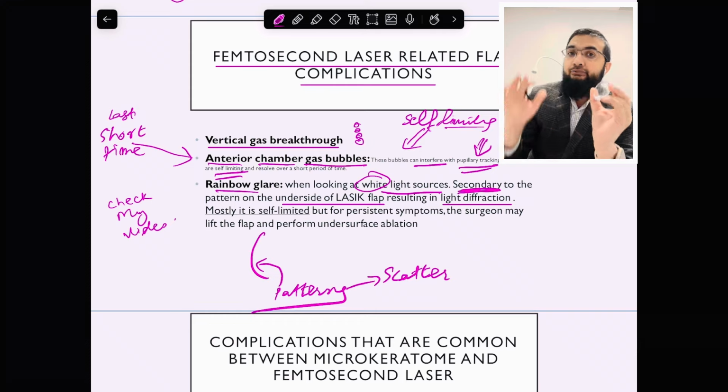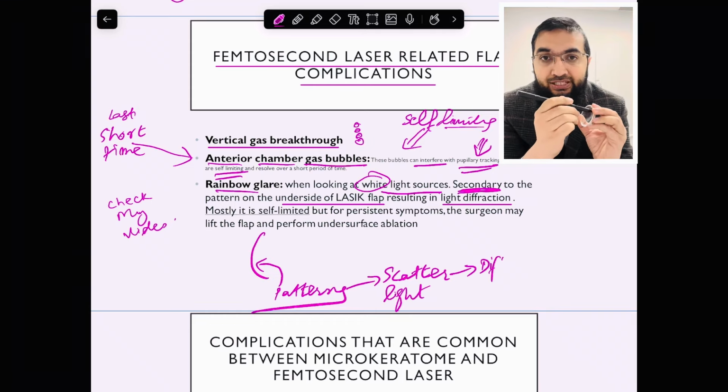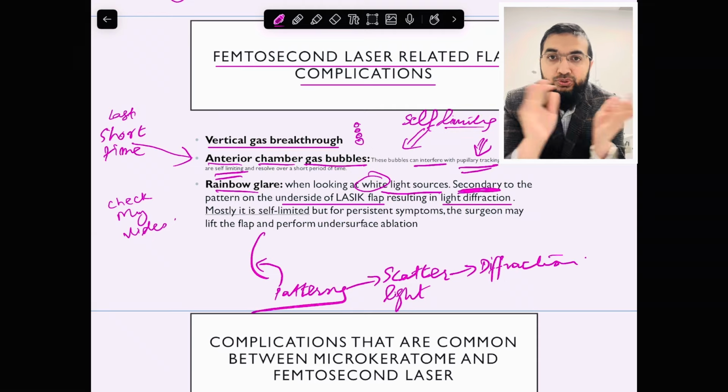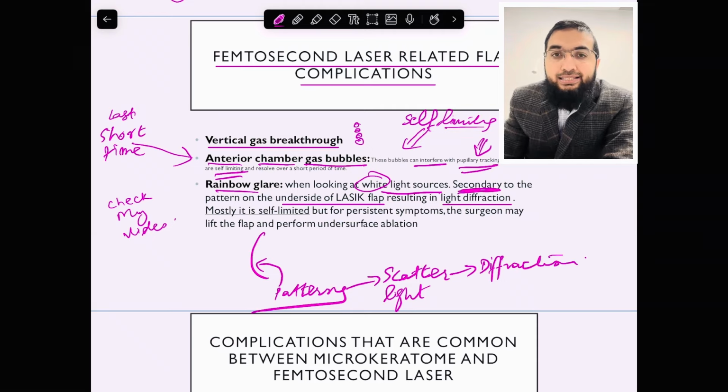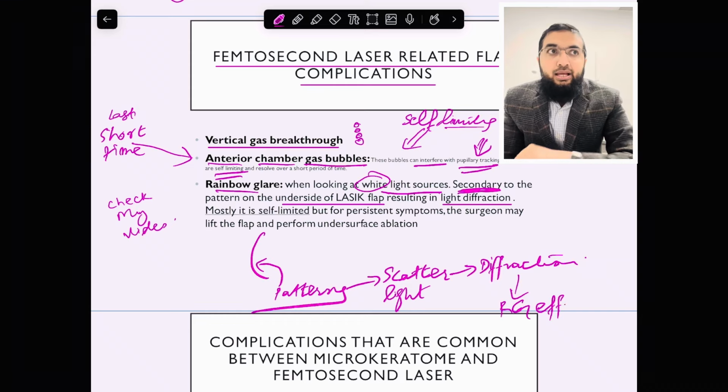Whenever you're looking in the white light like this, when the light hits those under surface patterns, it causes the lights to scatter, and we refer to that as light diffraction, and that's what's leading to that kind of rainbow glare effect in your vision.